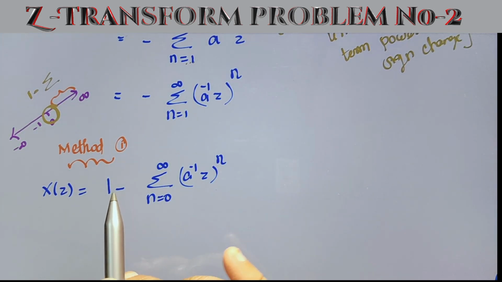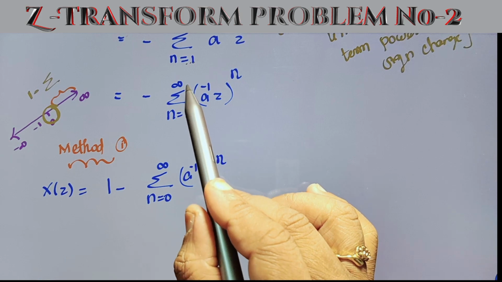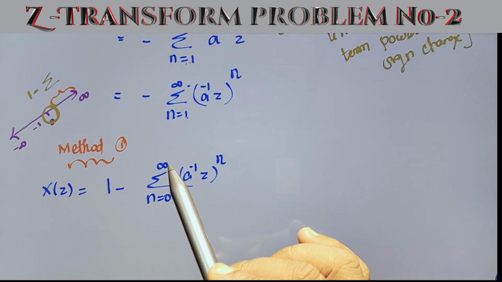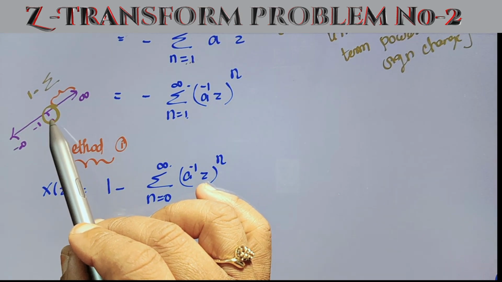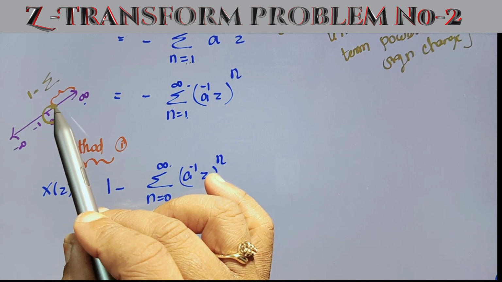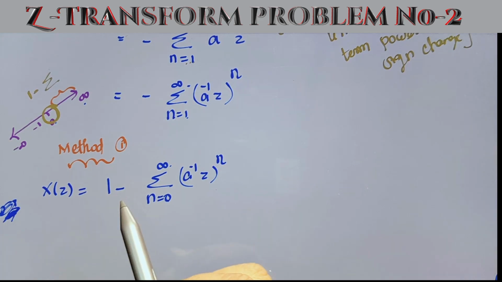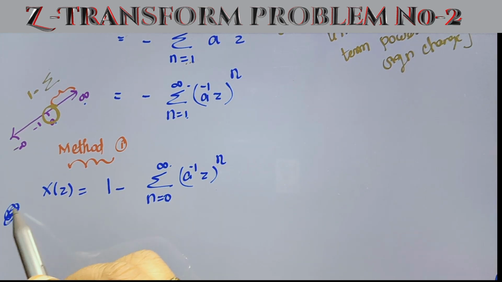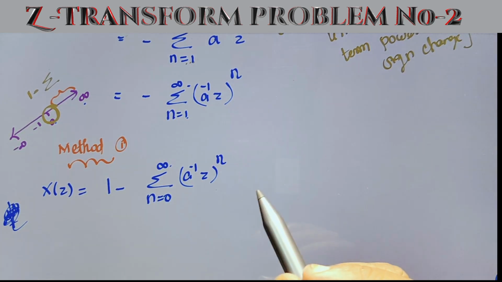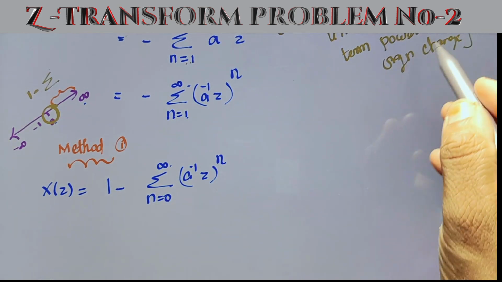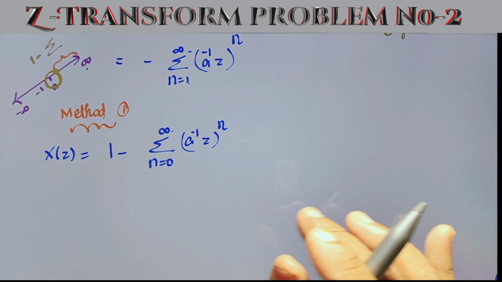Here the limit 1 to infinity is changed to 0 to infinity. 0 to infinity means it starts from 0. In between, the range is 0 to 1, the difference is 1, so you have to subtract 1 from the summation term. Okay. Next step, ordinary simplification.